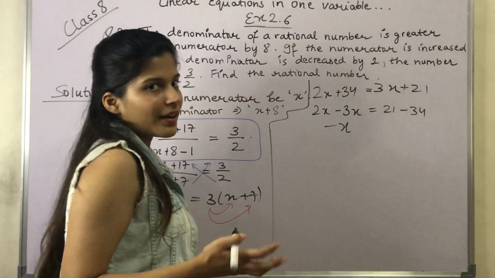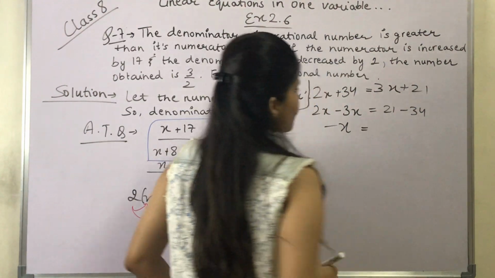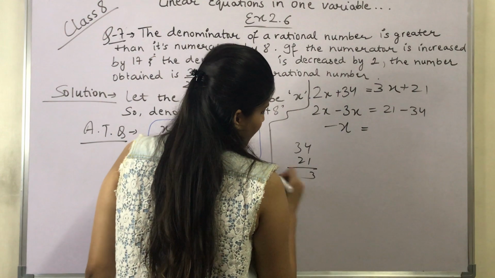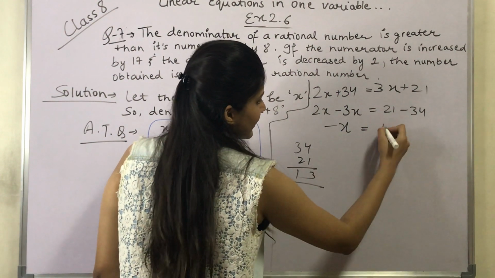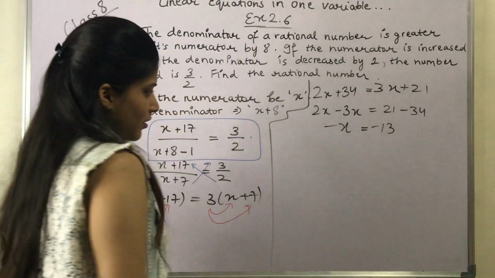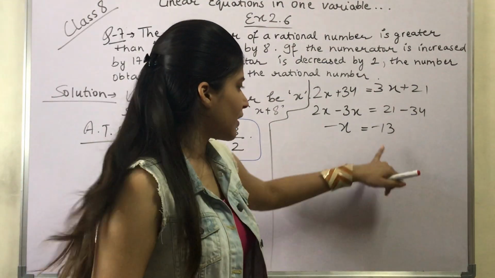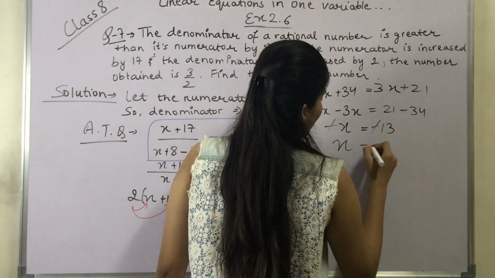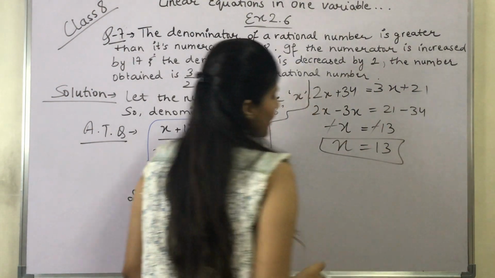So minus 1x or minus x equals to 34 minus 21 is 13. And sign again minus का. Why? Because 34 is greater and 34 is negative. So negative का sign आएगा. Now again minus से minus cut and the value of x comes out to be 13.